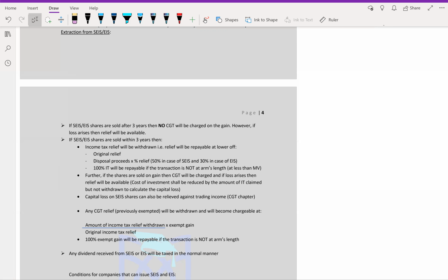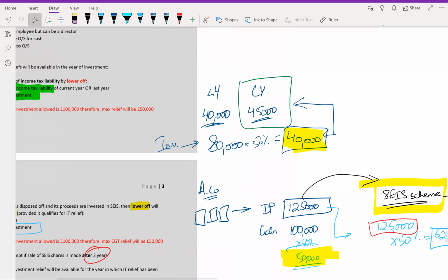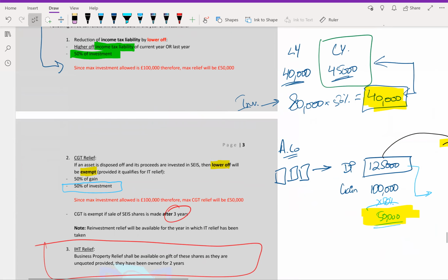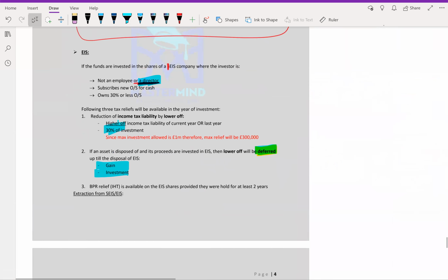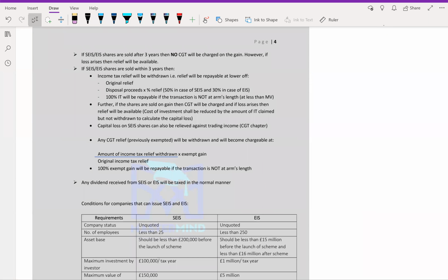Now, income tax relief will be withdrawn. That is, a relief will be repayable at lower of the original relief which you got. For example, in the case that we took, we got a relief of 40,000, right? So original relief or disposal proceeds multiplied by percentage of relief.